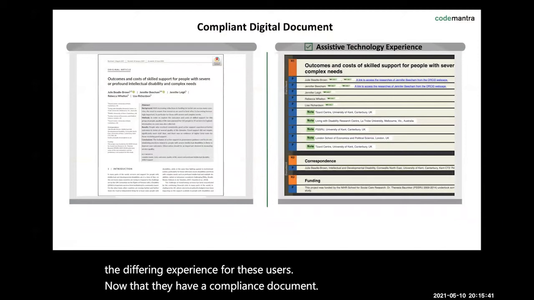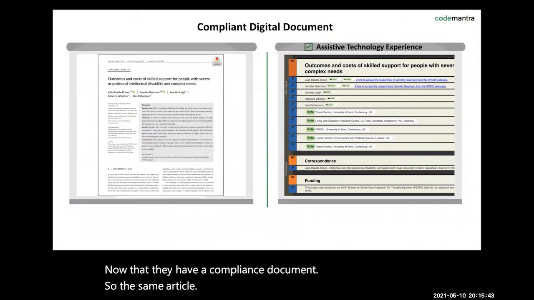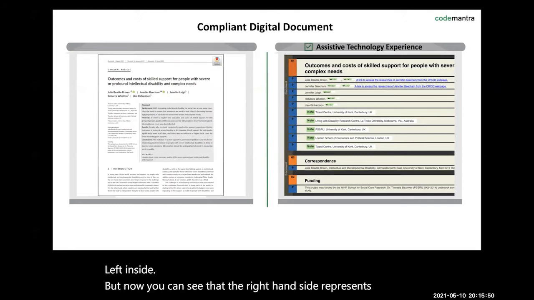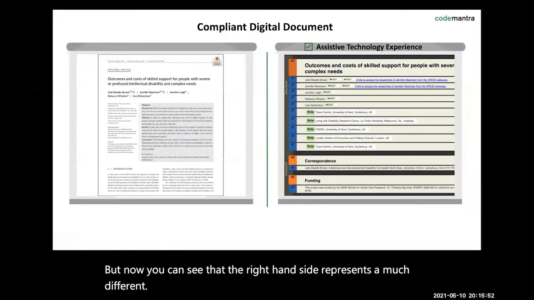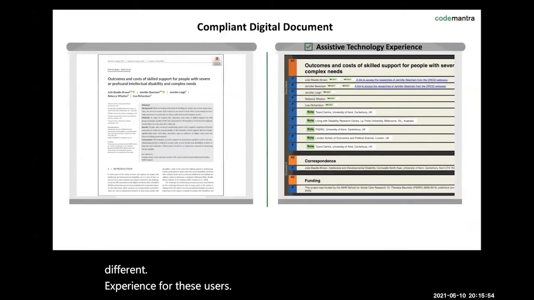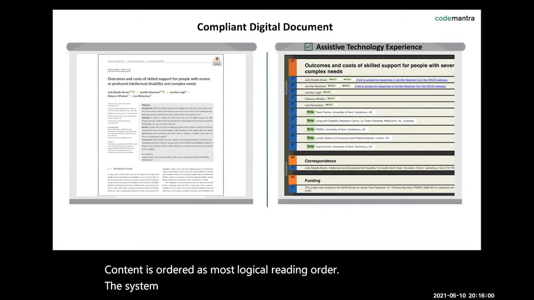So, the same article on the left-hand side, but now you can see that the right-hand side represents a much different experience for these users. The content is ordered in its most logical reading order. The assistive technology finds that again through the structure that was created.